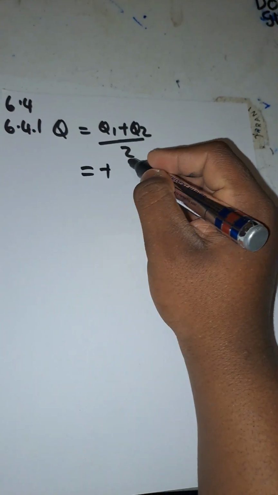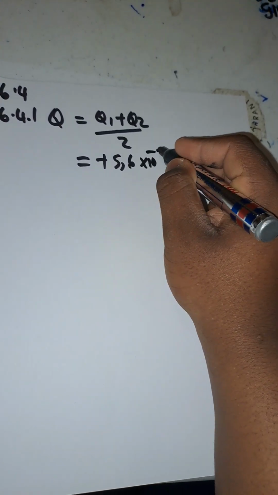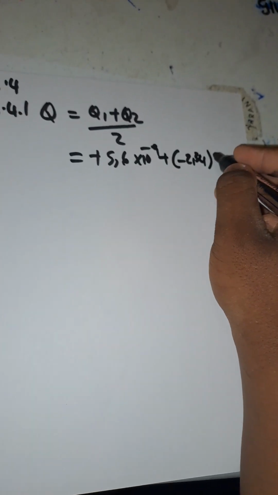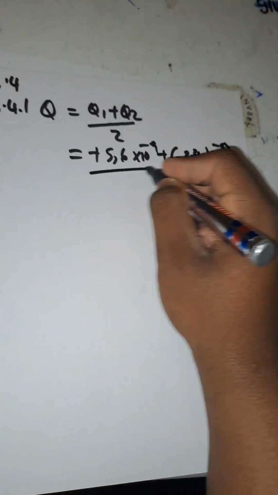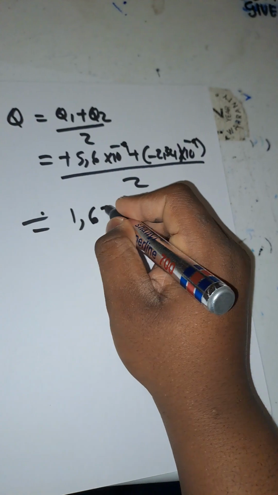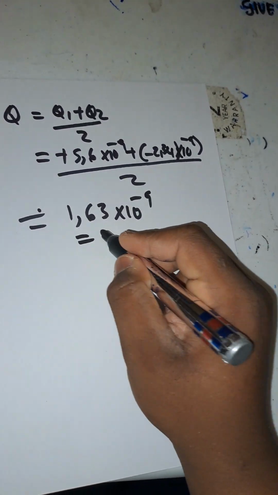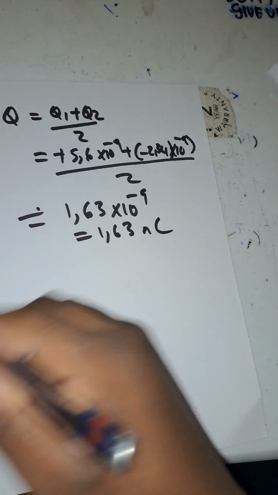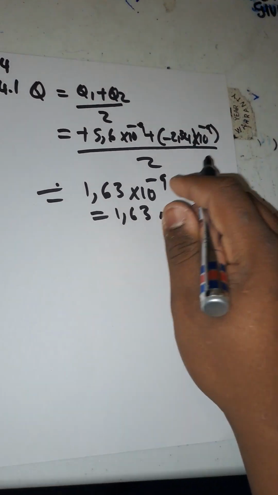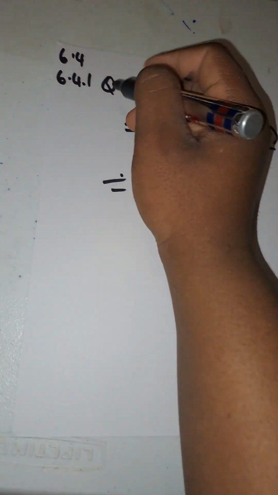It will be plus 5,6 times 10 to the power of -9 plus -2,34 times 10 to the power of -9, over 2. And then what will I get? 1,63 times 10 to the power of -9. Or you can show them that you know physics: 1,63 nC. Then put in the unit, coulombs, please. I already put it there. Okay, that is my new charge.